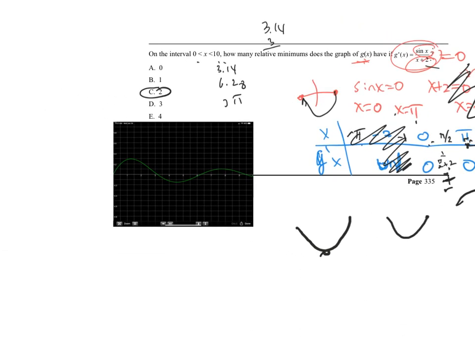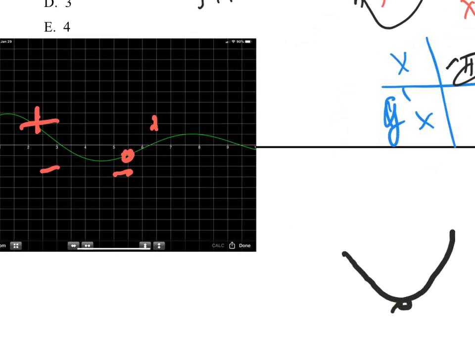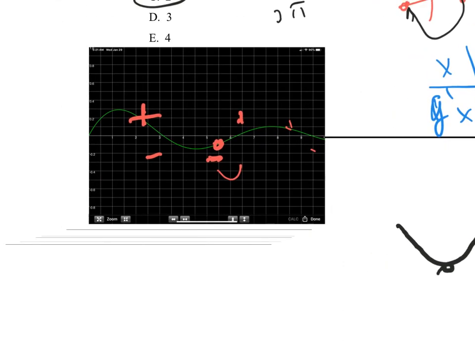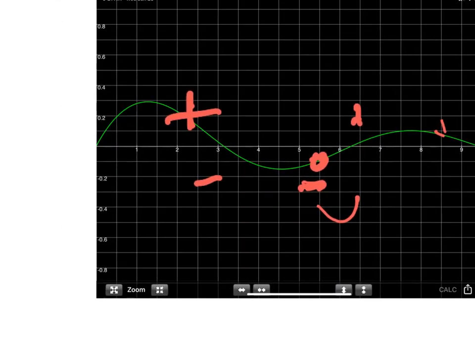This is greater than 0 to less. It's not. This is less to greater. There's 1. And that would have been a minimum. Positive to negative. That's not going to cut it either. Did I have one over here? Let's see. No, that's 0.